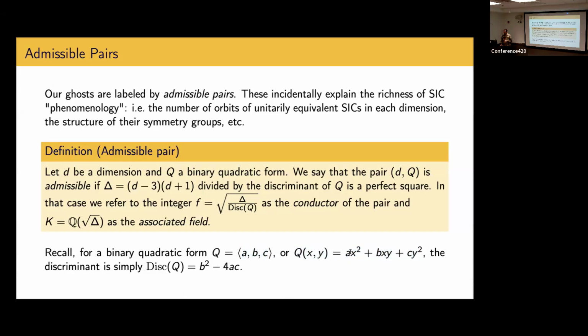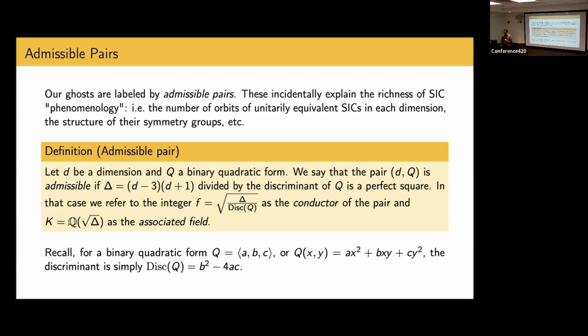We say that a pair is admissible if this magic number delta divided by the discriminant of Q, and remember, the discriminant of a binary quadratic form is the same as the discriminant of the quadratic equation you get, it's just b squared minus 4ac, the thing under the square root, so I take delta divided by the discriminant of Q, that should be a perfect square. And the integer whose square is that ratio, f, we call the conductor.